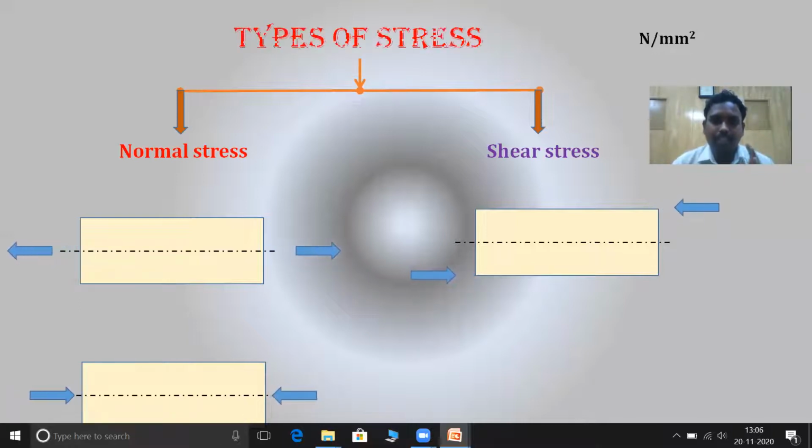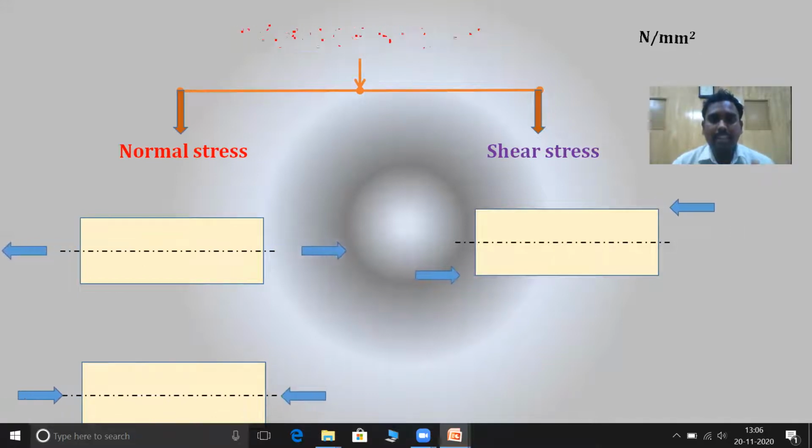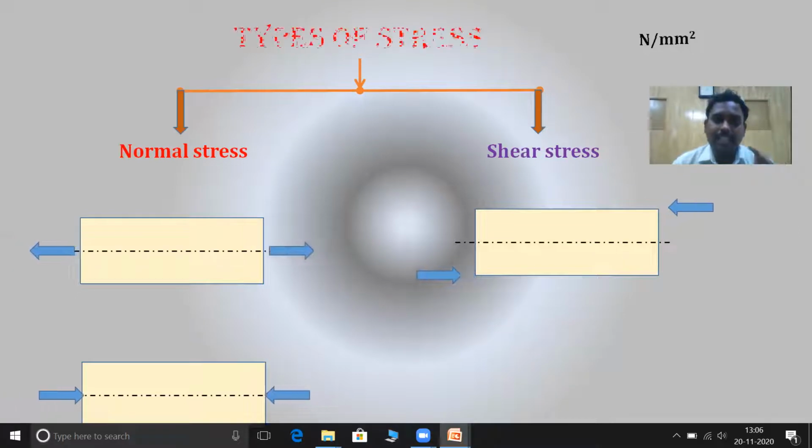In this case, I am applying a load that is tangential to the surface. So here, just compare with the previous normal stress and shear stress. In case of normal stress, I am applying a load along the axis. Whereas in case of shear stress, the loads act along the surface, that is tangent to the surface.